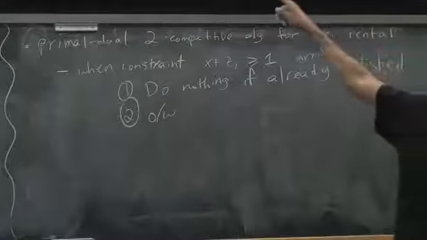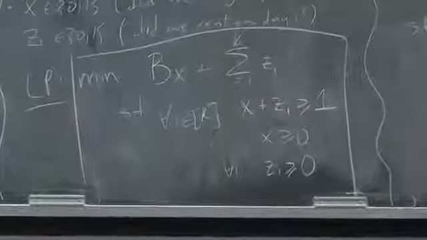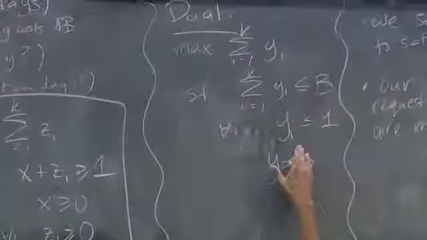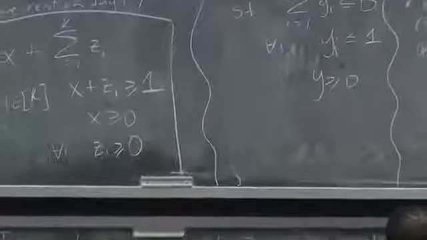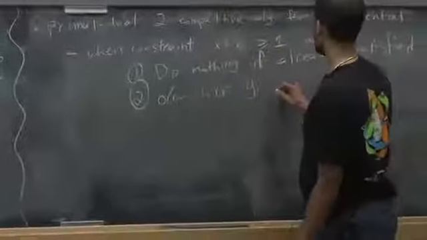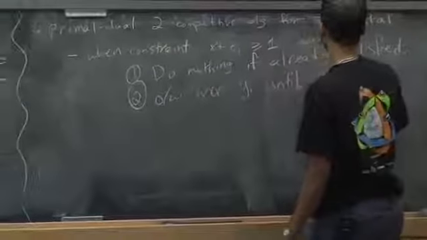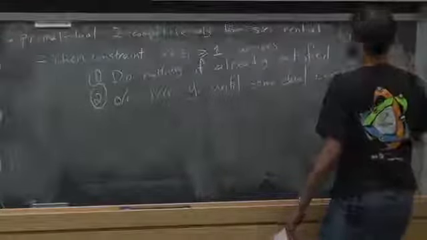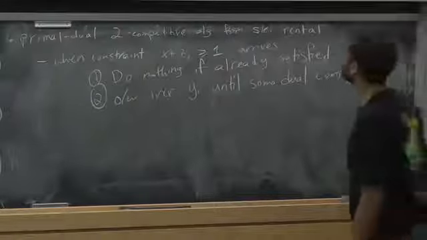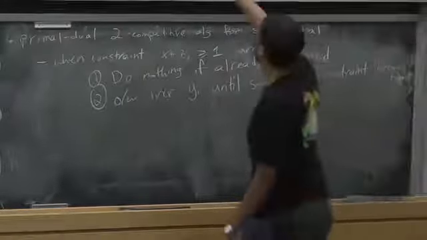So there are k constraints here, for i equals 1 to k, and each one of these constraints corresponds to a yi. So what we're going to do is otherwise increase yi until some dual constraint becomes tight. What dual constraint can become tight? Either yi can become 1, or this sum can equal b.